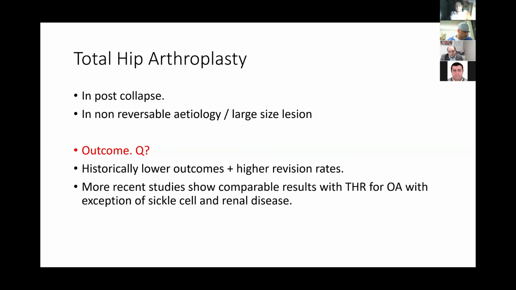Okay, and another question from Vilas. Any timelines in terms of preservation surgery? How early to prioritize on waiting lists? Pre-collapse, yeah, on the waiting list, these patients go ahead.